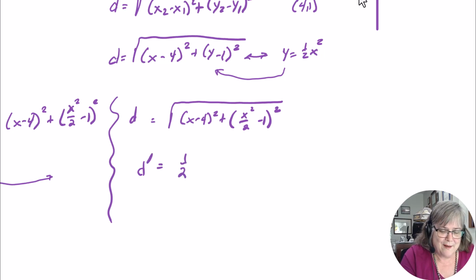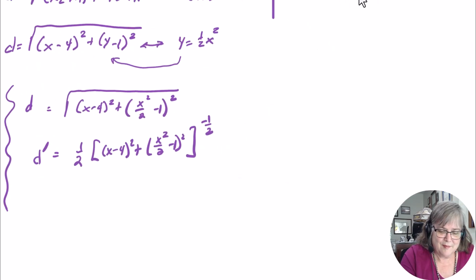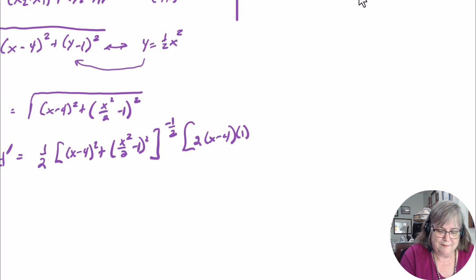Bring the power down, leave the inside alone, take 1 off the power, loop back in. So you bring the 2, x minus 4, take 1 off the power, loop back in, derivative is 1.